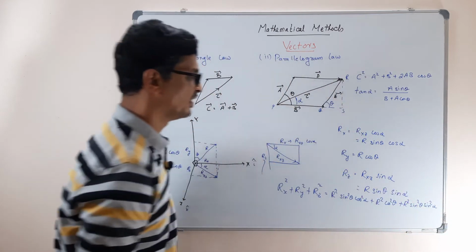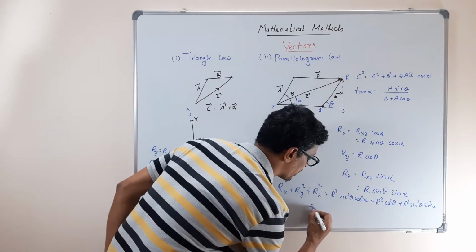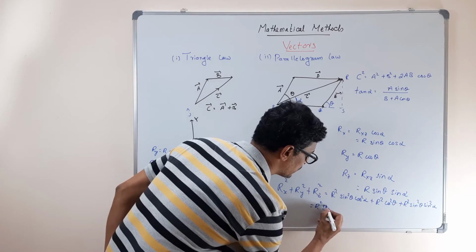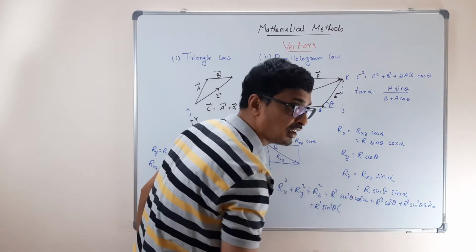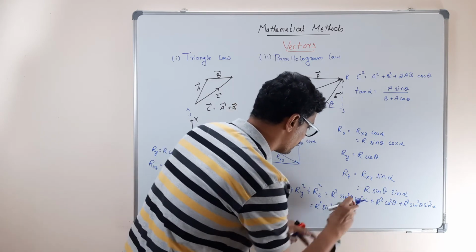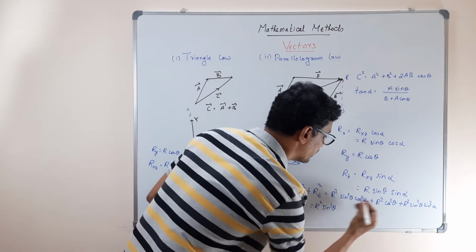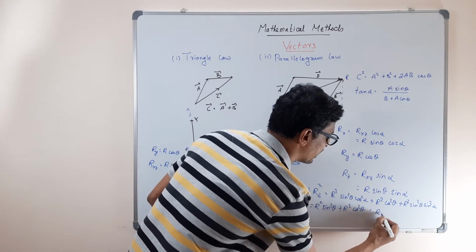Combine these two: R square sin square theta into cos square alpha plus sin square alpha, that is 1. So this becomes R square sin square theta plus R square cos square theta, that will be R square.